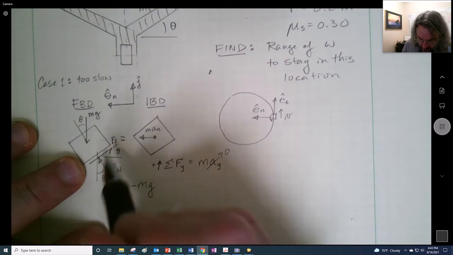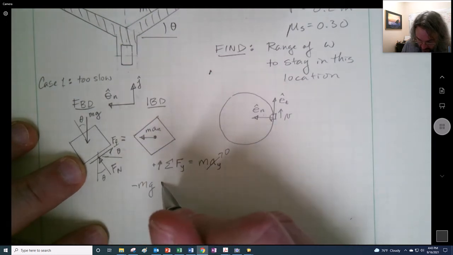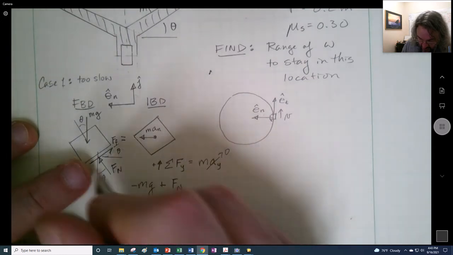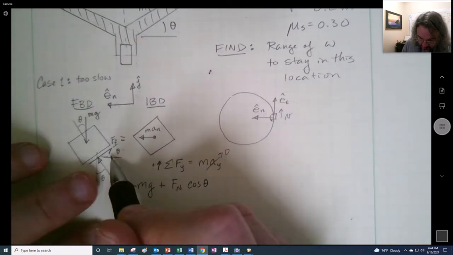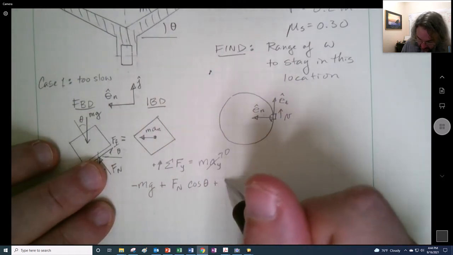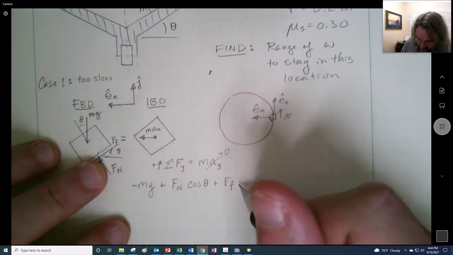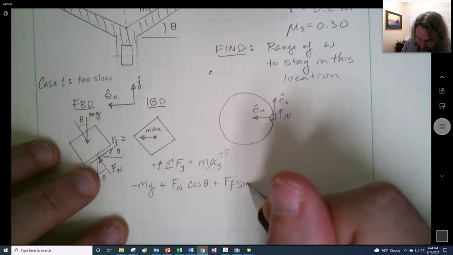So anyway, in the vertical direction, it's the entirety of mg, and then in the other direction, we're going to have the normal right here, and that's going to be positive. So we have Fn, but only the cosine of theta. And we also have plus F right there, and that's going to be the sine of theta.